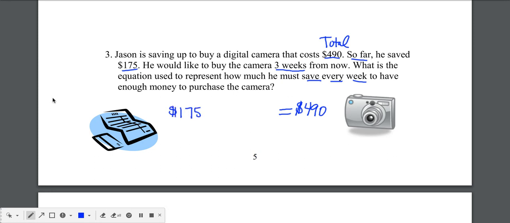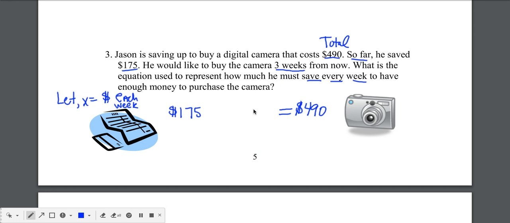Okay, we're going to write a let statement. So we're going to say let x equal what? x is going to be, look at the end here, it says money saved each week. So the money, we could write like this, each week. All right. And then we're going to do that for 3 weeks.